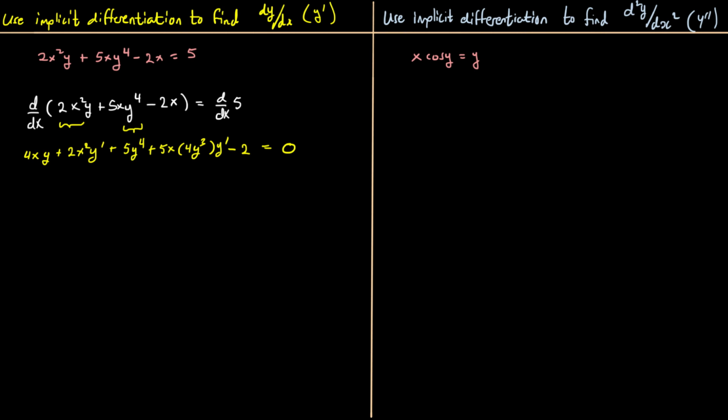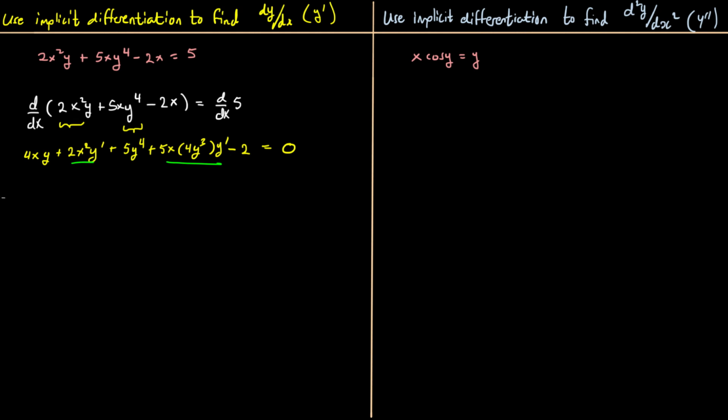So let's see here. We can go ahead and combine all the terms with y prime involved. So that'll be 2x squared y prime, and then this term here, 5x times 4y cubed times y prime.